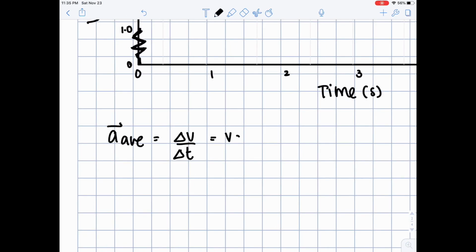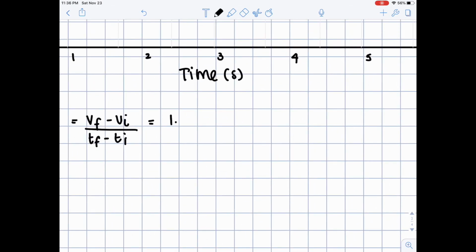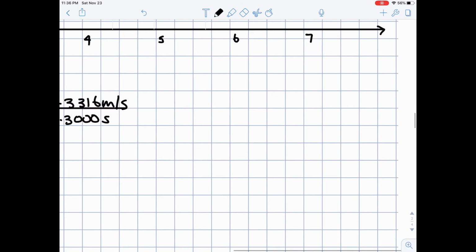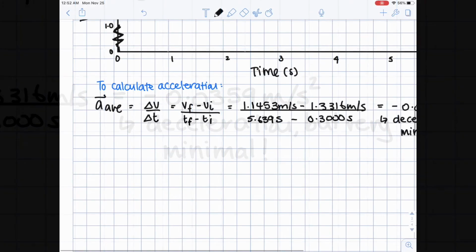Average acceleration is the change in velocity over the change in time. We will use the final and initial velocity and time data points shown in the graph. We found an acceleration of negative 0.0359 meters per second squared. Although this is a deceleration, it is very minimal.